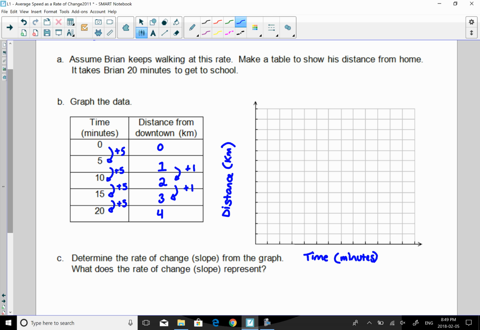Let's create a scale. So I'm going to just go by 5s. And simple, just go up by 1s.